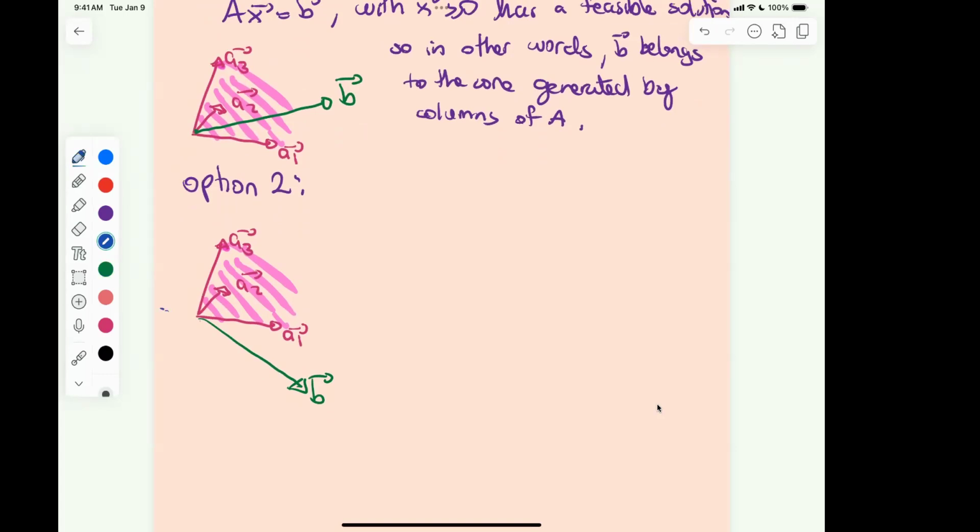It looks very plausible if you just look at this picture, right? But let's think about this as a hyperplane.